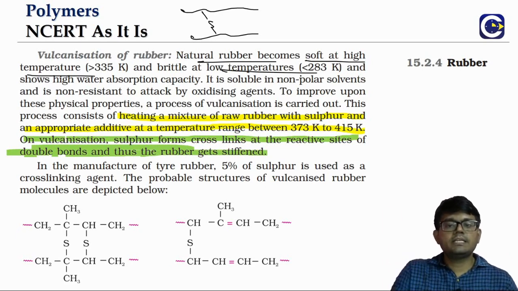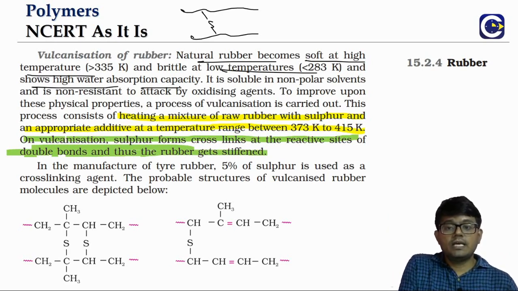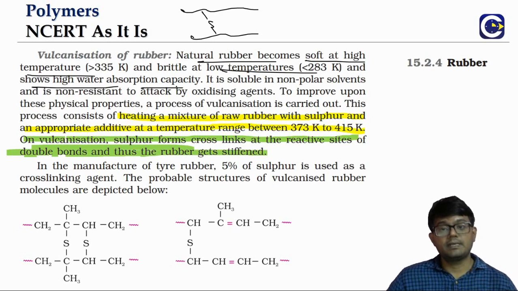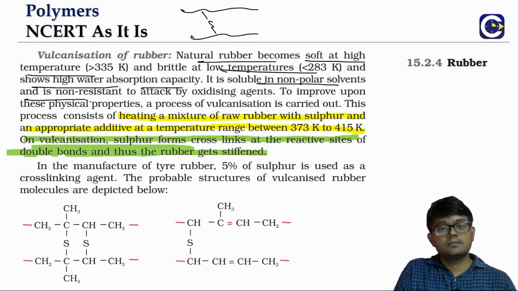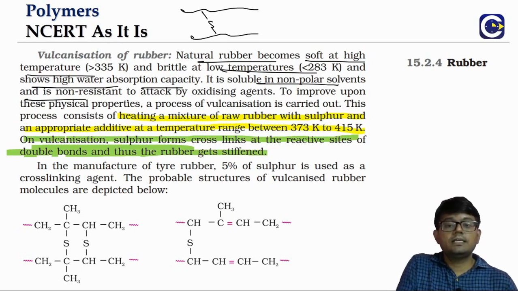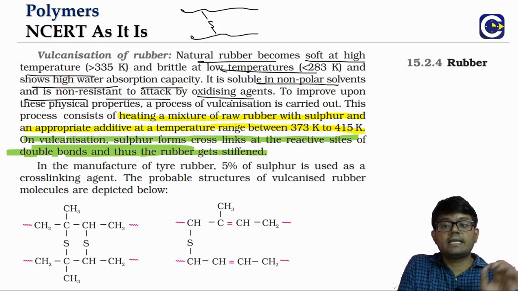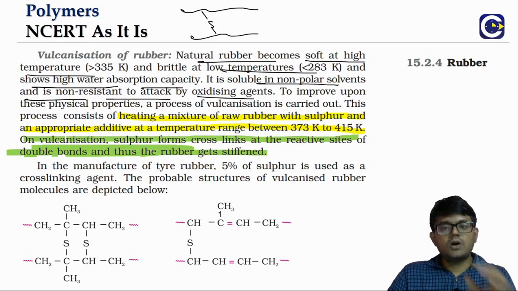You go above 335, it becomes soft. Natural rubber also shows high water absorption capacity, it will easily absorb a lot of water. It is also soluble in non-polar solvents, and it is non-resistant to attack by oxidizing agents. So all these characteristics make natural rubber not very suitable for regular usage.